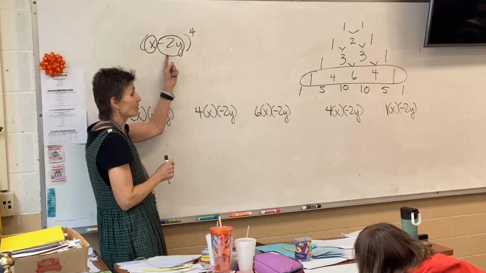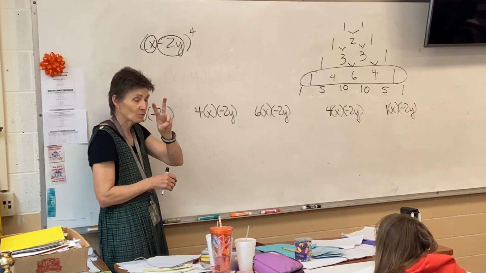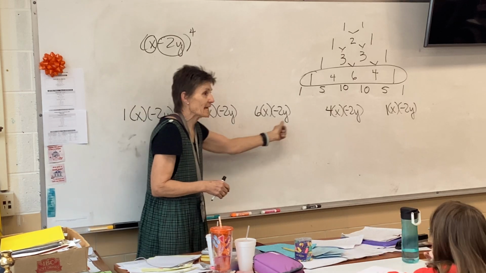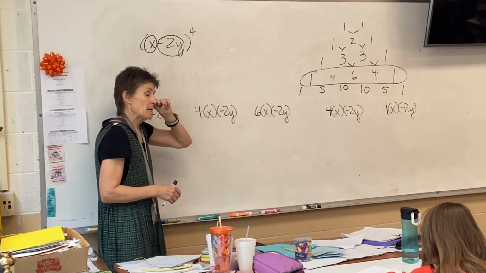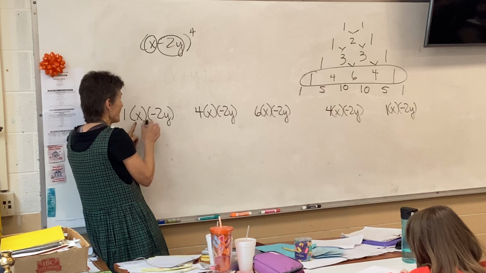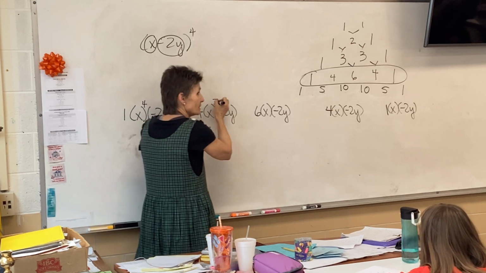whatever the two parts of the problem are, and these are all going to be binomials, there'll be two things in there. Whatever they are, each number gets them. When we expand to the fourth power, the power on X will be 4. And then it counts down.